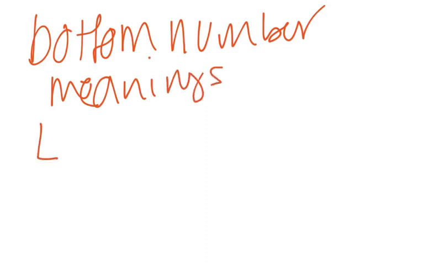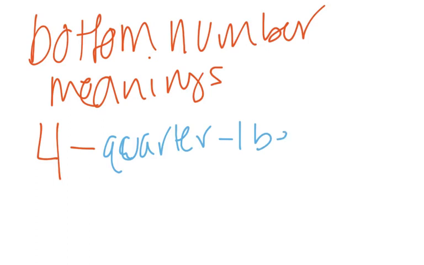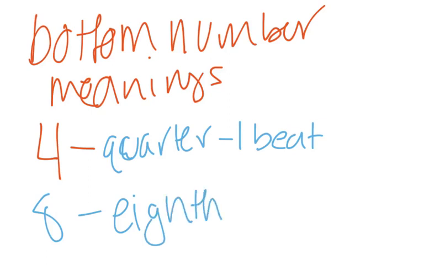If the bottom number is a 4, that means it is a quarter note, so a quarter note gets one beat. If the bottom number is an 8, that is an eighth note, and that eighth note gets one beat.